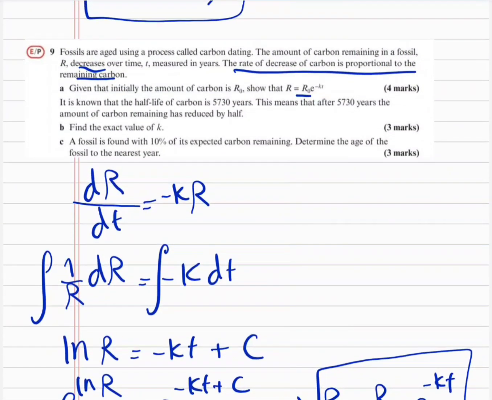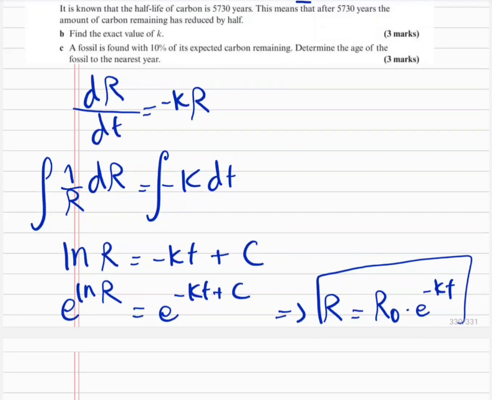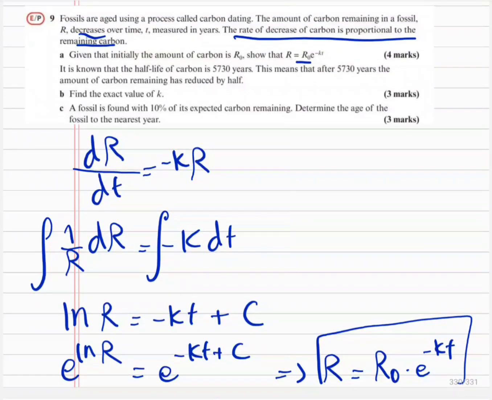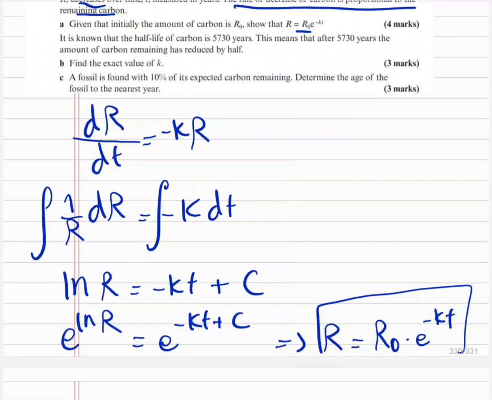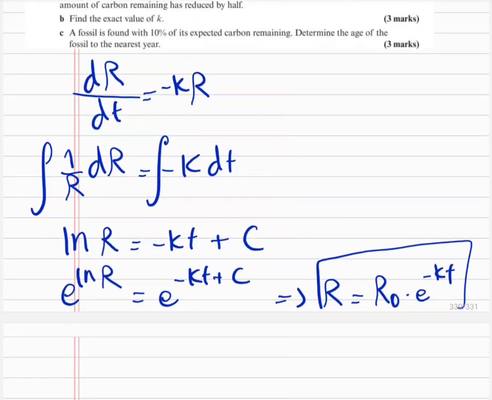R0 is just a constant of integration, but to be consistent with the notation they have used, we'll use R0. And R0 is also the initial amount of carbon in the fossil. So it has actual meaning in this context, because normally the constant of integration is just a constant, but in this case, because it's a modeling question, this is important.